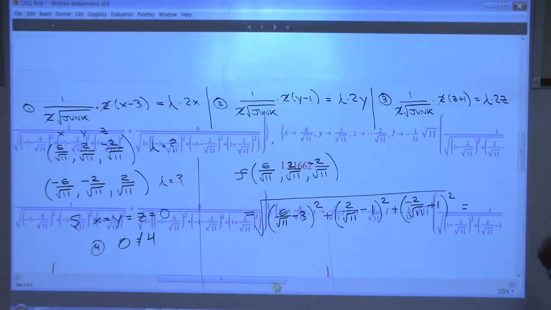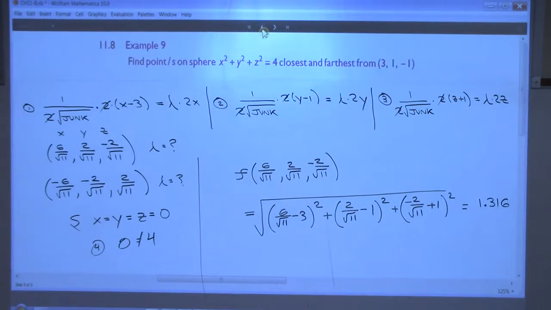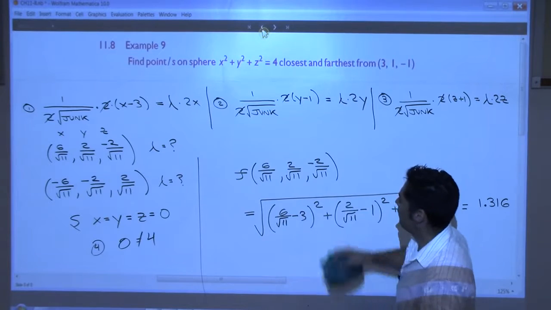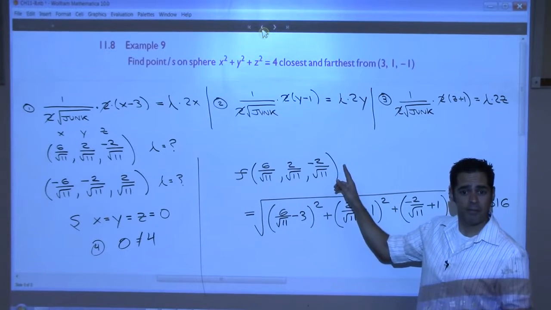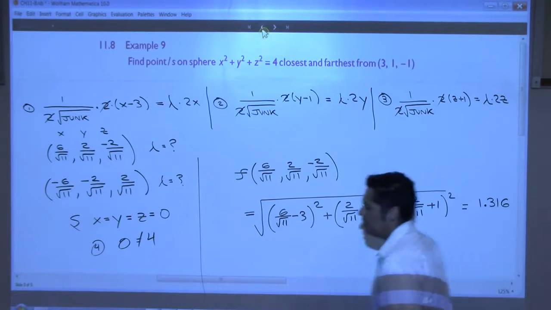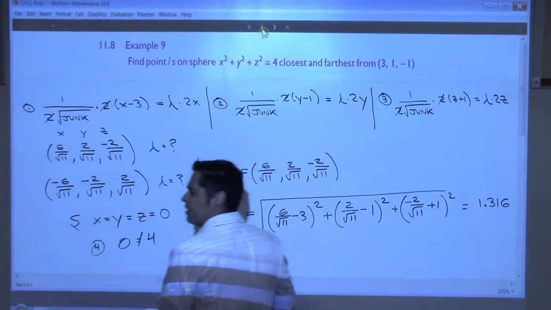This turns out to be about 1.316. Okay? And the other one, if you plug in negative, negative, positive, into this, the other one turns out to be 5 point something.